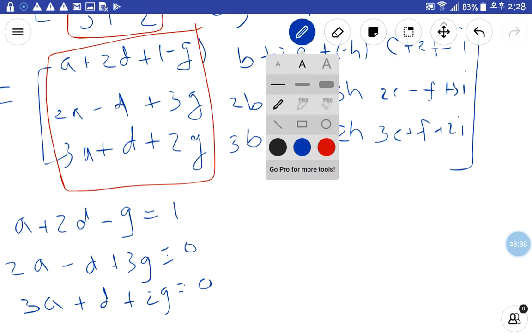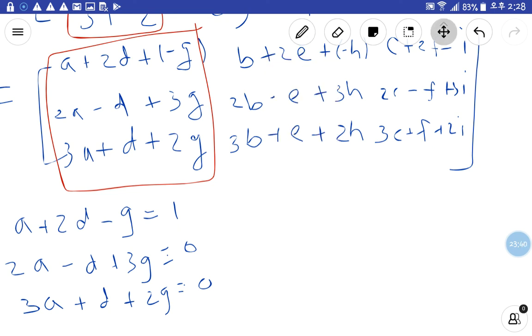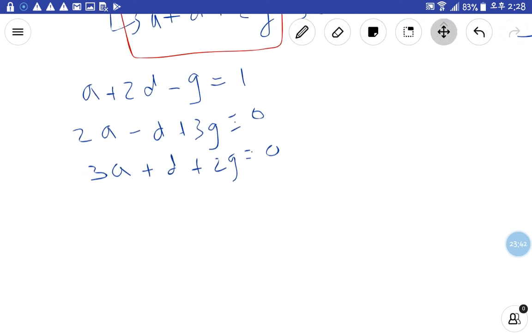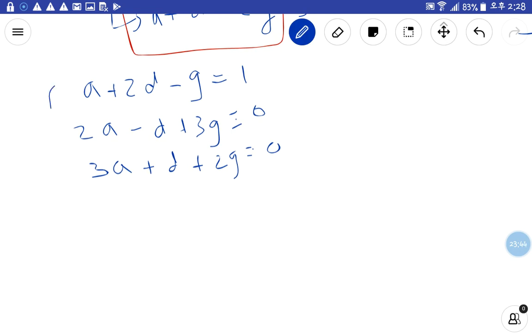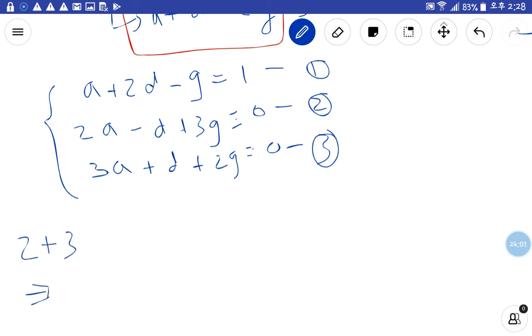I told you that at the beginning it's a lot of work, right? So we are going to solve the system with the 3 variables now. When we work on this, I can label it as number 1, number 2, number 3. I can do 2 plus 3 so that I can cancel my D out.